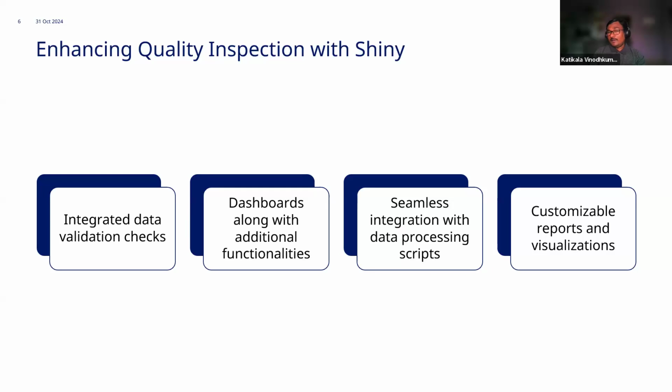It will have dashboards along with additional functionalities that give flexibility to the user and enhance the user experience. These kinds of apps provide customizable reports with a summary visualization, so the user can easily identify how many findings there are and how many have to be resolved.